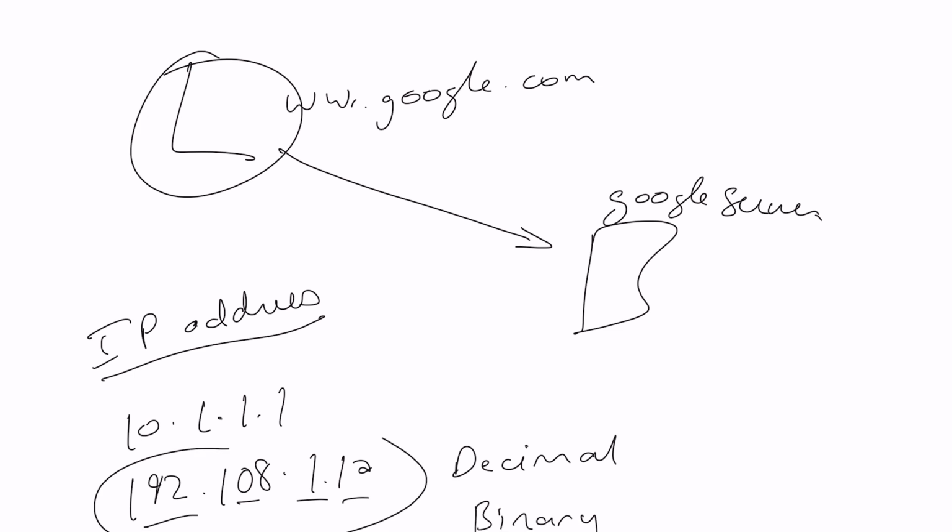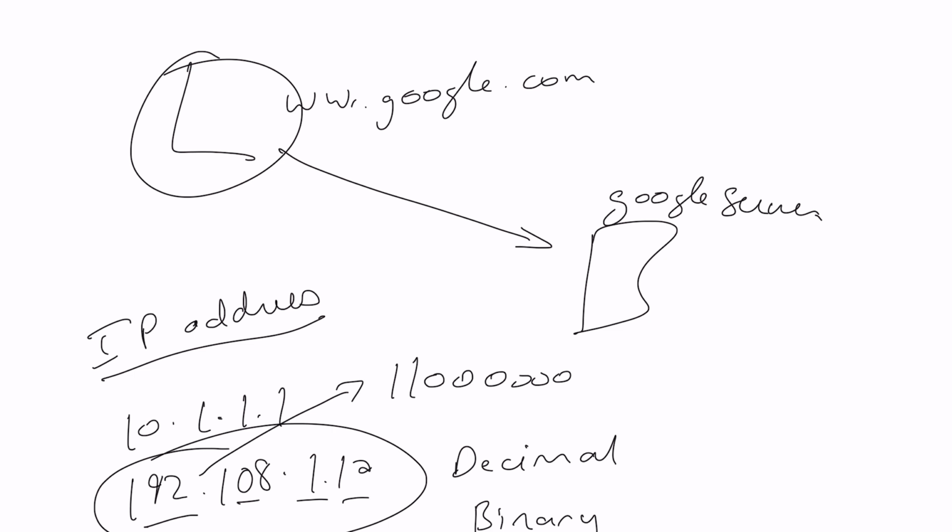We write the numbers in this format, but if I try to interpret 192 over here, 192 would be written as 11000000. I'm not explaining the logic behind this, but I'm just trying to explain that whatever IP addresses you write or see in your system or servers are actually binary. They seem decimal only for our convenience. The computer, your laptop, or your client actually converts them into binary and then uses them.